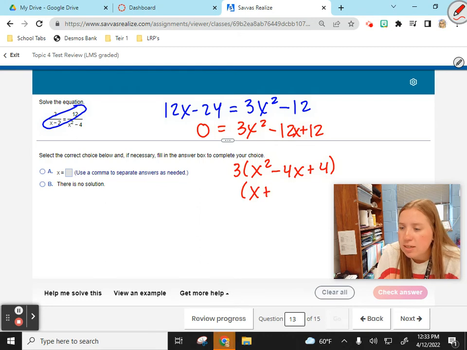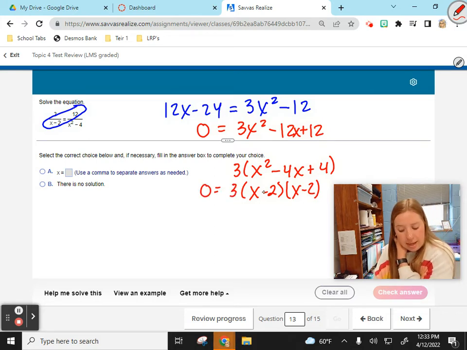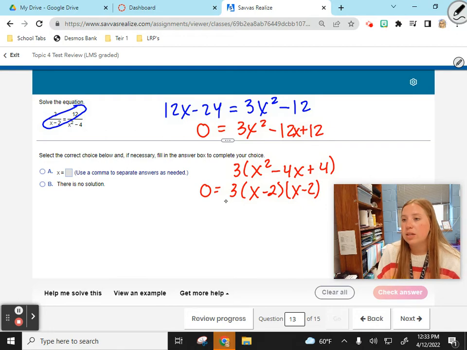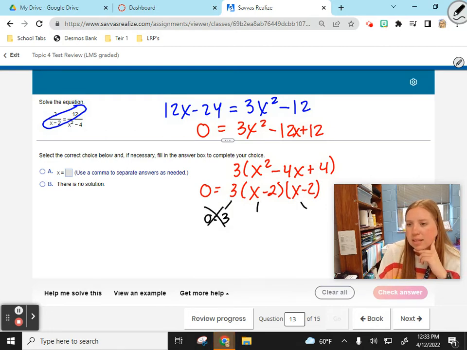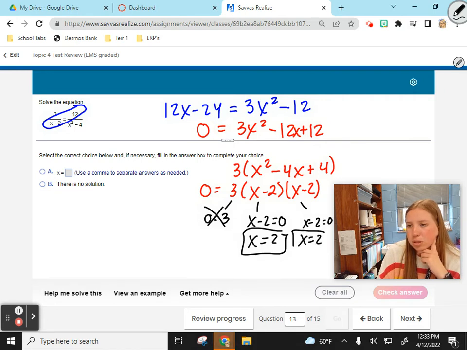And that factors as x minus 2 times x minus 2. The 3 here on the outside equals 0. And then we could set all of these equal to 0 and solve. 0 equals 3. That one just disappears. X minus 2 equals 0 tells me x equals 2. And then x minus 2 equals 0 tells me that x equals 2.